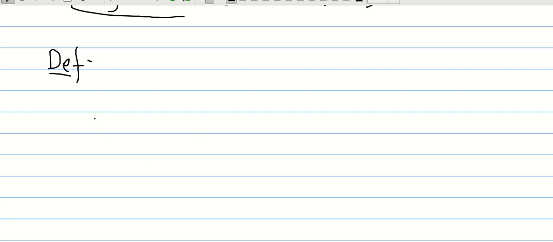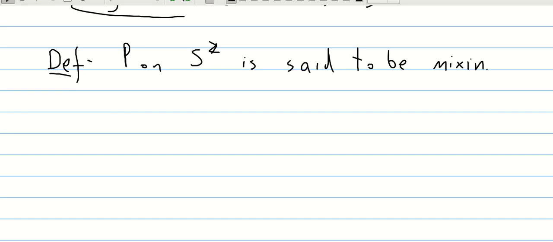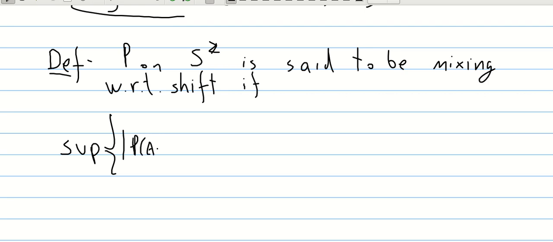So again, we take P on S to the Z. It's said to be mixing, of course, again, with respect to the shift, if again there is a supremum of the same quantity, P of A intersect B minus P of A times P of B. This doesn't change.